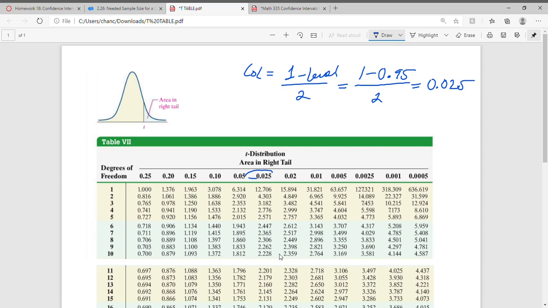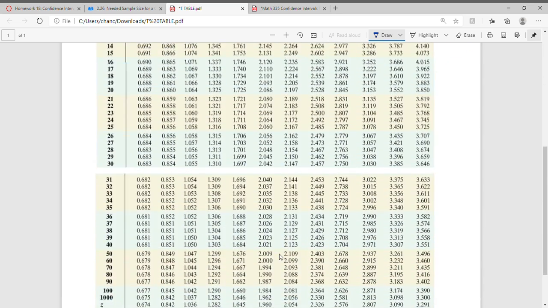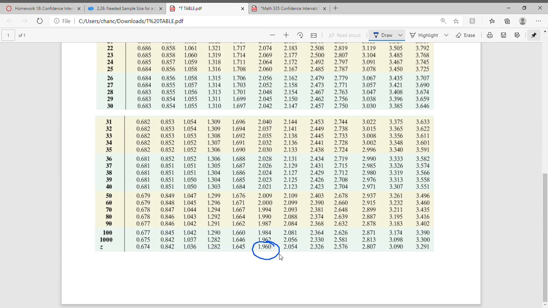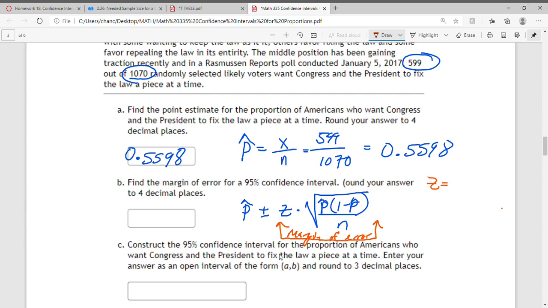That's the column that we're going to select for a 95% level of confidence. And now we're going to use row Z to find our value of Z. This is 1.960. So Z equals 1.960.